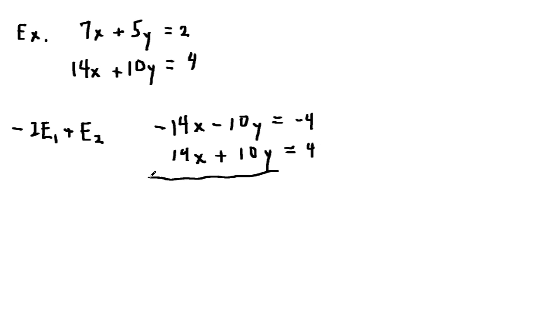Okay, now let's add. I get 0x plus 0y equals 0. And so 0 equals 0. Well, that doesn't really tell me anything.